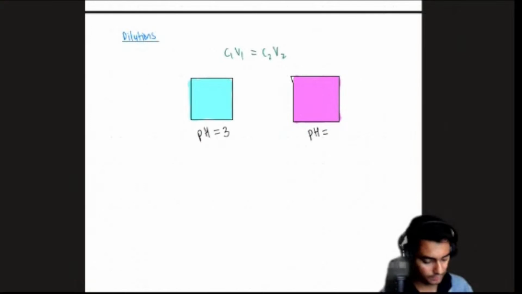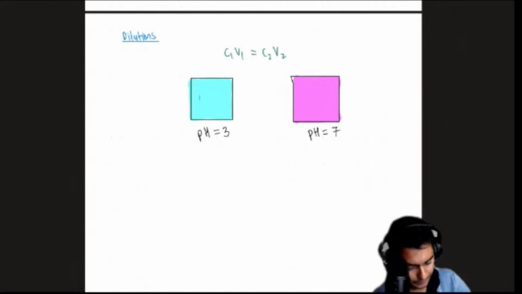Okay, so this one is going to be acidic, and then this one here is going to be neutral. Okay, and so our task, let's suppose that the volume of this solution is approximately 10 liters. Okay, and so our task is to solve for V1 such that we can neutralize the solution to become acidic. Okay, so this is a very common question that you can expect to see on AP Chemistry, practice, and Gen Chem in college chem.